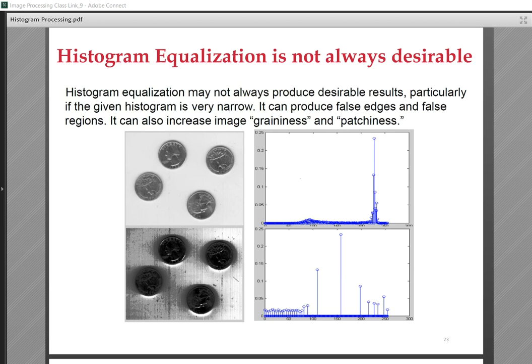Back to the histogram. Histogram equalization is not always desirable.